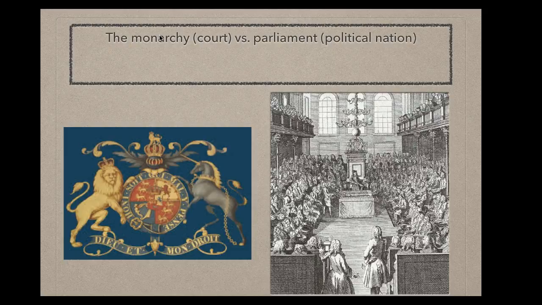And what we're going to do is keep that in mind, because what we see in the 17th century, once the Stuarts become the new ruling dynasty in England, we're going to see considerable tension and then open conflict between the court and the parliament.